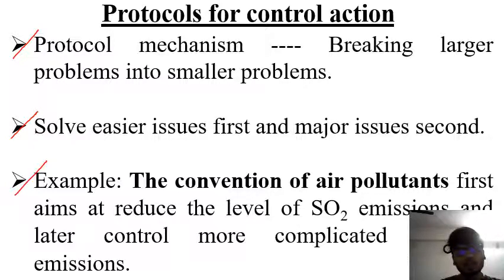So one example of this controlling action is the Convention on Air Pollution. It means that you should solve the easier problem first and then go for the major issues to be solved.